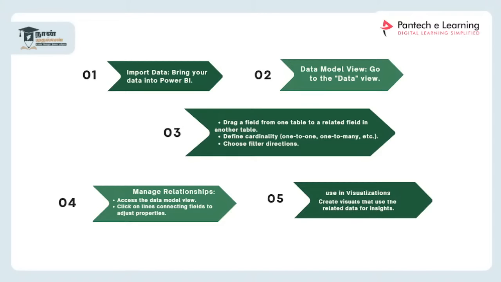Define cardinality, one column to one column or one to many columns. That is the relationship between the columns. Choose the filter directions and manage the relationship across the entire data set, and using the visualization tools, create the visuals and templates. This kind of thing is present in this roadmap.